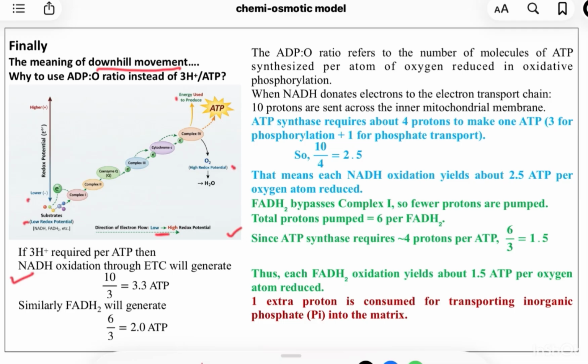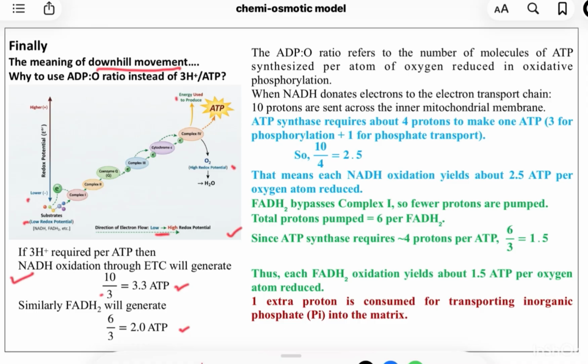It was calculated, about which we will again talk a little later, 3 protons per ATP in the case of NADH. And therefore, if 10 protons accumulated on the intermembrane side, then there would be 3 ATP produced per NADH molecule. In the case of FADH2, it is calculated as 2 ATP.